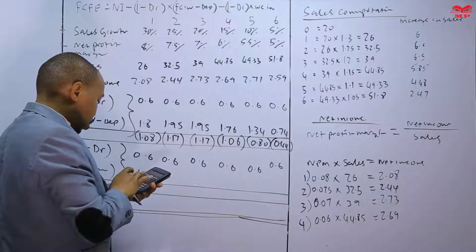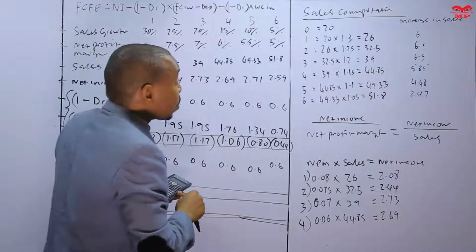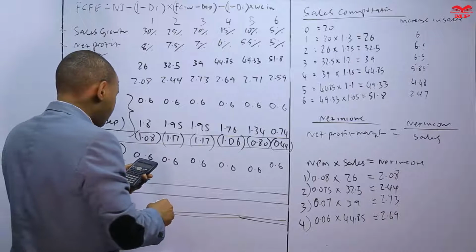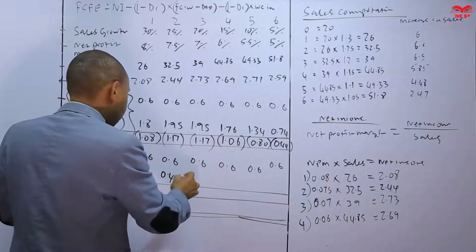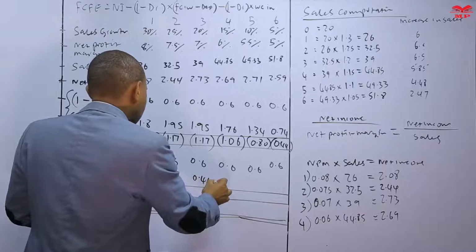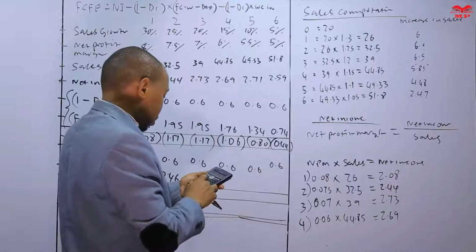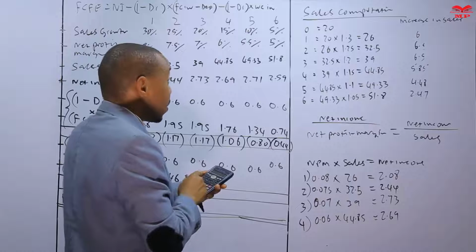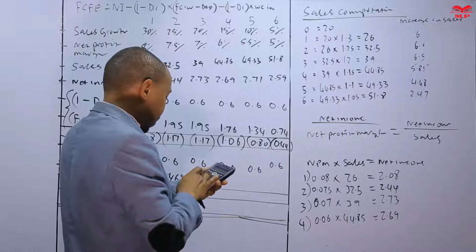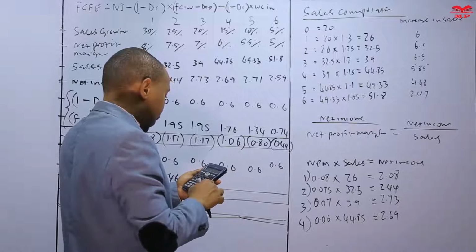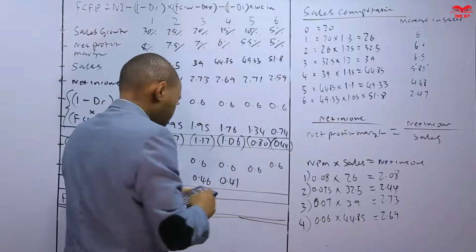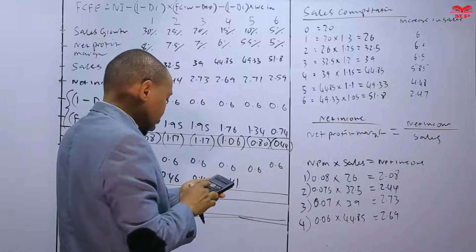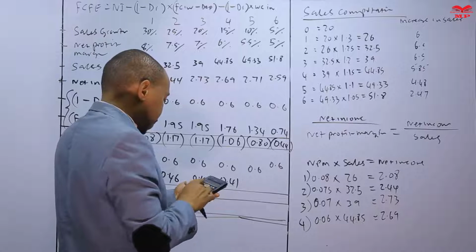Then 0.07 multiplied by 6.5, we have 0.46 as well there. Then we have 0.07 multiplied by 5.85, 0.41. Then 2.47 multiplied by 0.07.